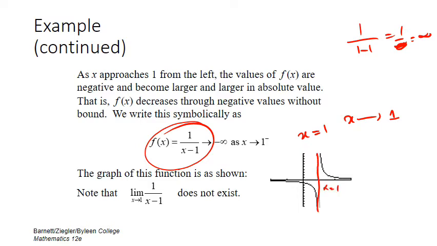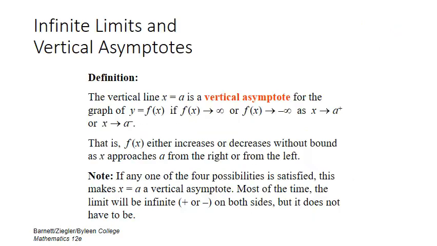When you draw the graph of this function, it will run parallel to that vertical asymptote, but it will never touch it. They will run parallel, but they will not intersect or even touch.